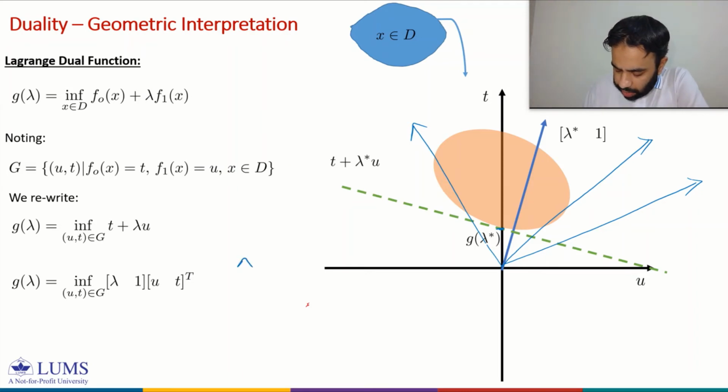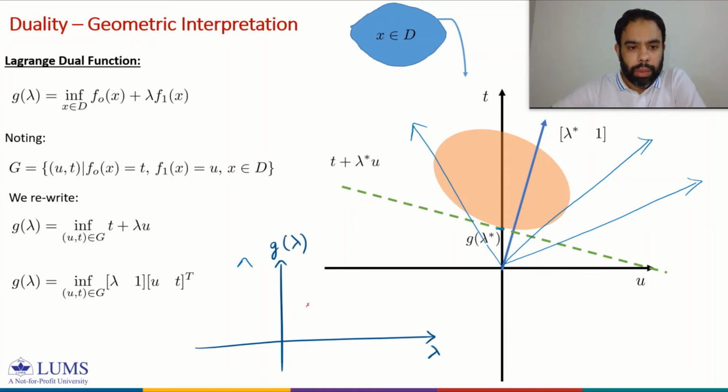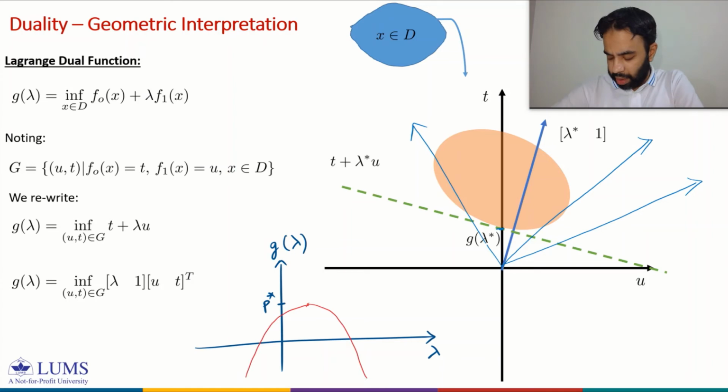So if I want to plot this Lagrange dual function, say we denote this value with p star. We know that for some positive value of lambda, g(lambda) would be equal to p star, and we denote this point with lambda star.